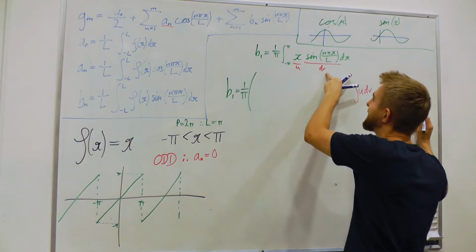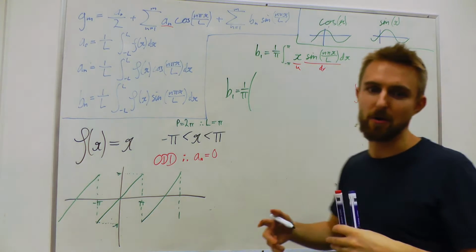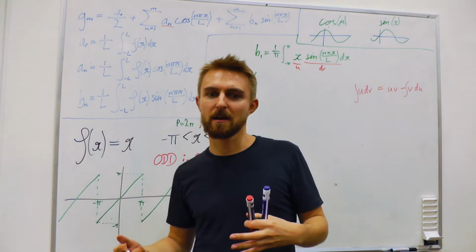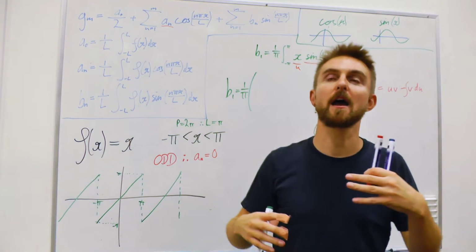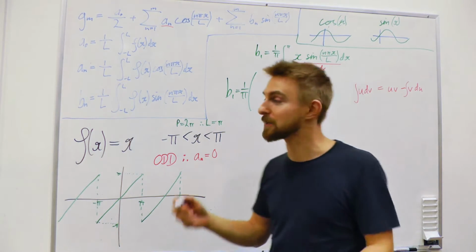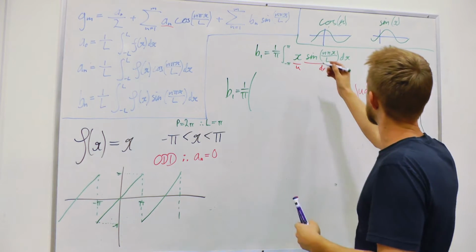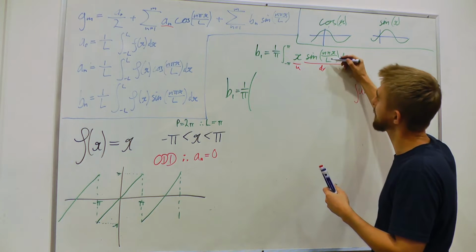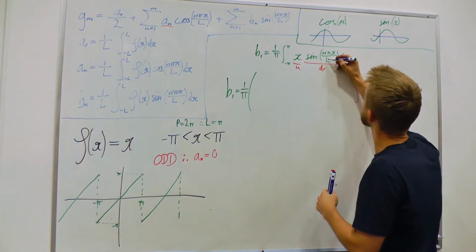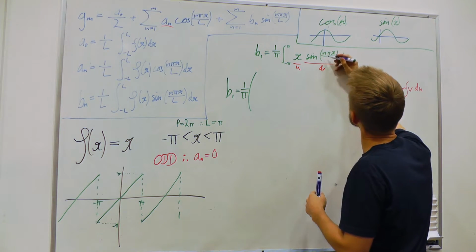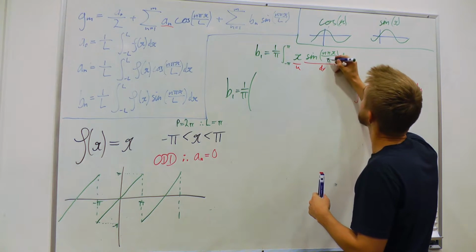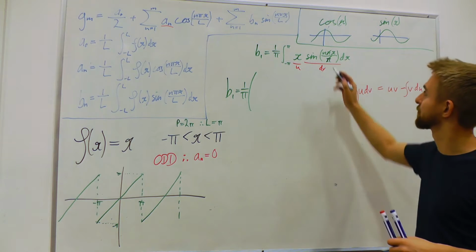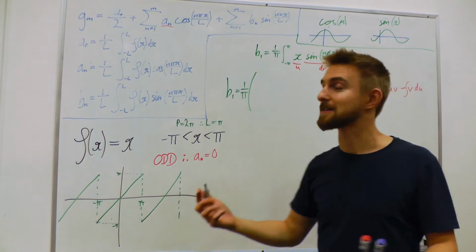Well, v is the integral of dv, so sine is going to integrate to minus cos. What I didn't do is sub in this L term here. We know that L equals pi, which means that this thing is just n pi x over pi, so the pi's cancel. So it's just sine of nx.